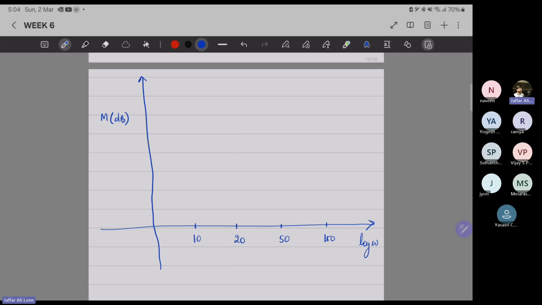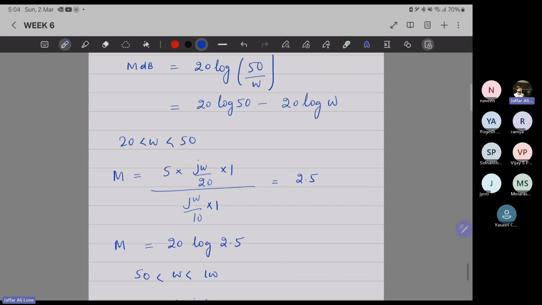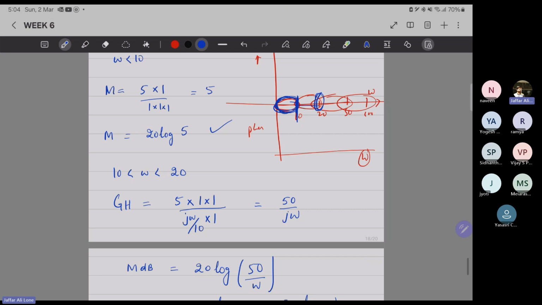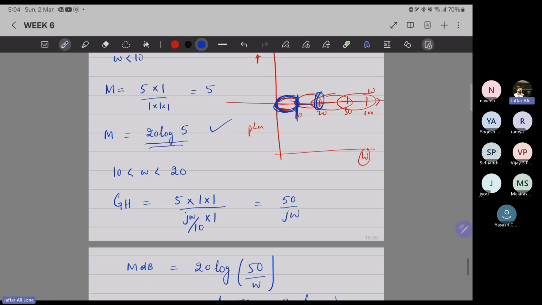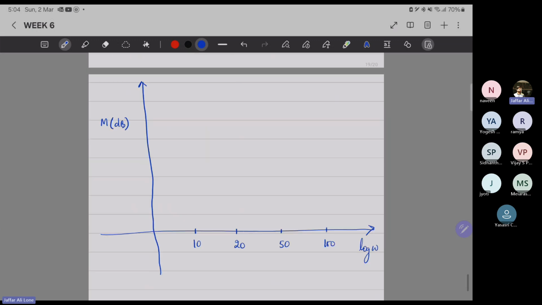And when my omega was between 0 and 10, I had a constant magnitude of 20 log 5. So I'll start from here, let's assume this is my 20 log 5, and go like this until the 10 frequency is reached, constant at 20 log 5.